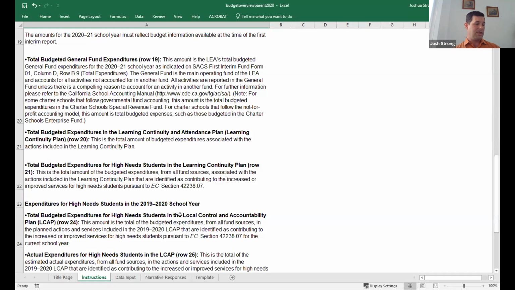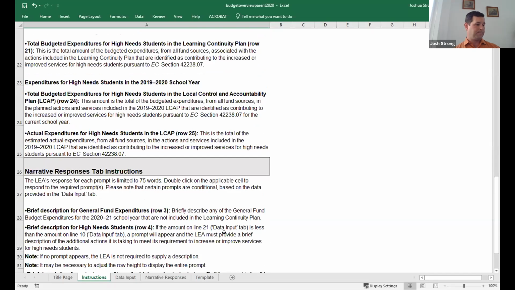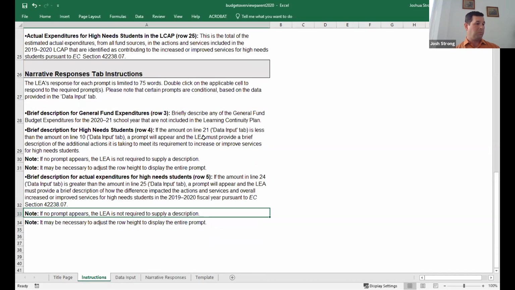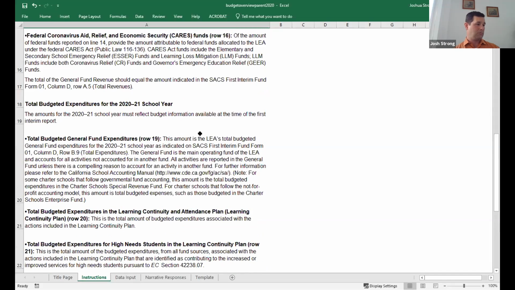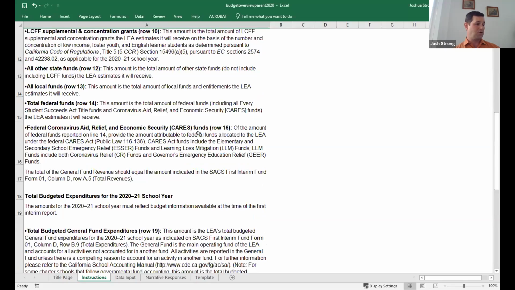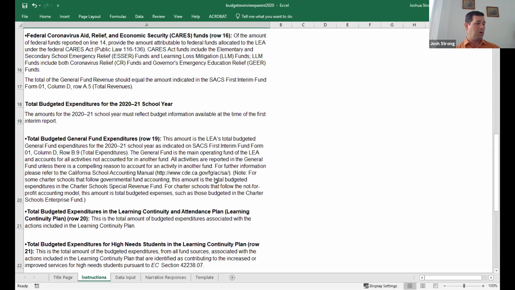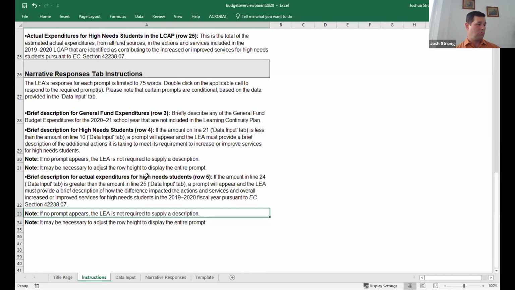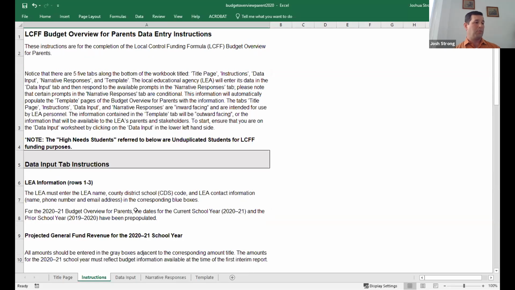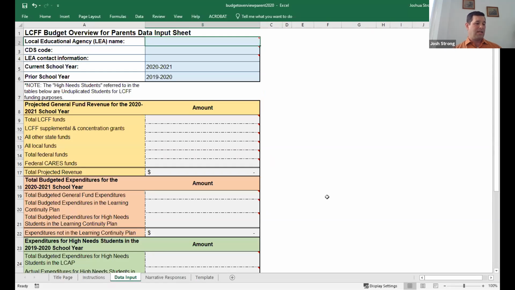It does the same thing for the total budgeted expenditures as well as the revenue. It references those particular pieces on both of those aspects. And then down here, it also provides instructions related to the narrative response tabs, okay? So again, take a moment, look over that. It's valuable information.